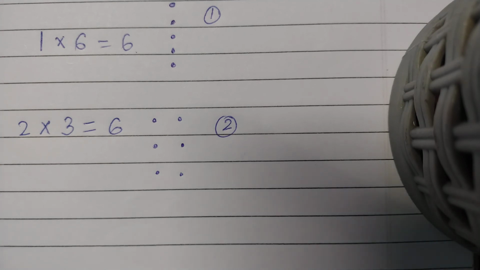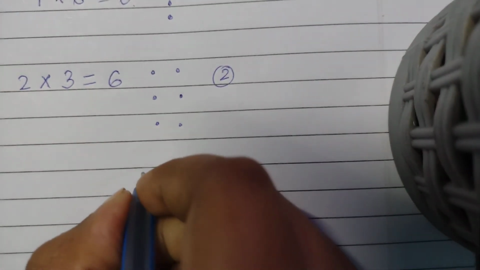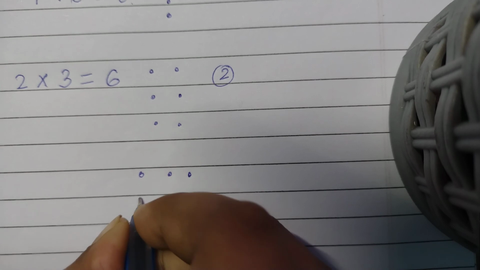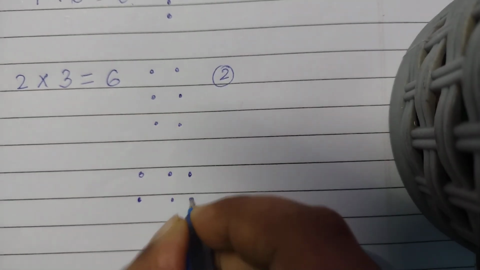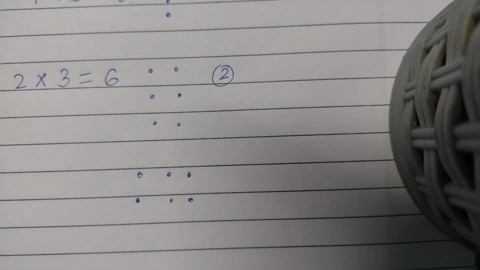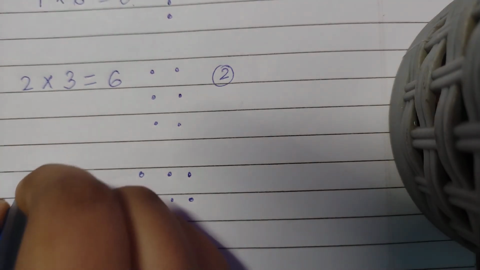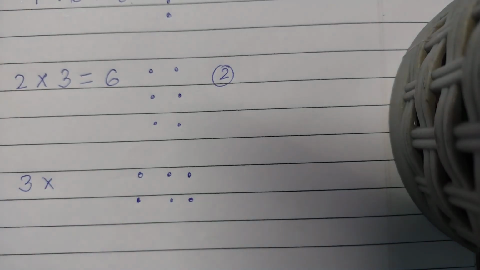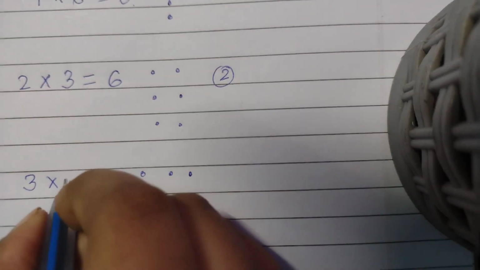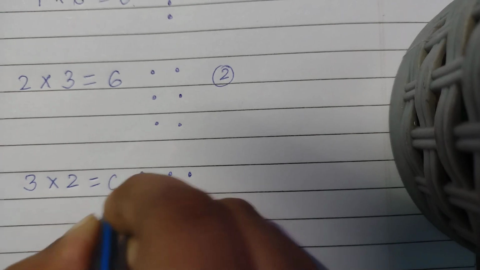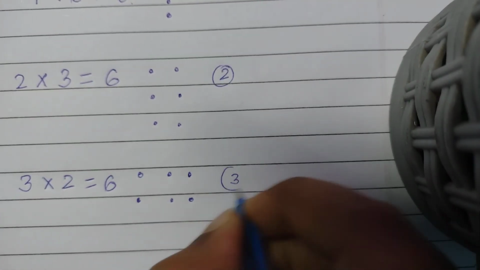Now in the third case, if he arranged 3 marbles in each row, then 1, 2, 3, 4, 5, 6, the 6 marbles are over. How many marbles are there in each row? 3 marbles. And how many rows? There are 2 rows. So 3 into 2 equals 6. This is the third case.